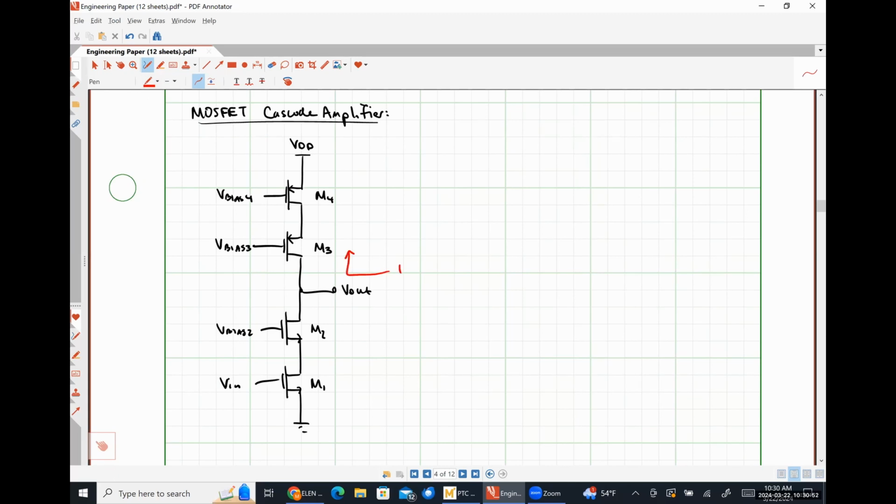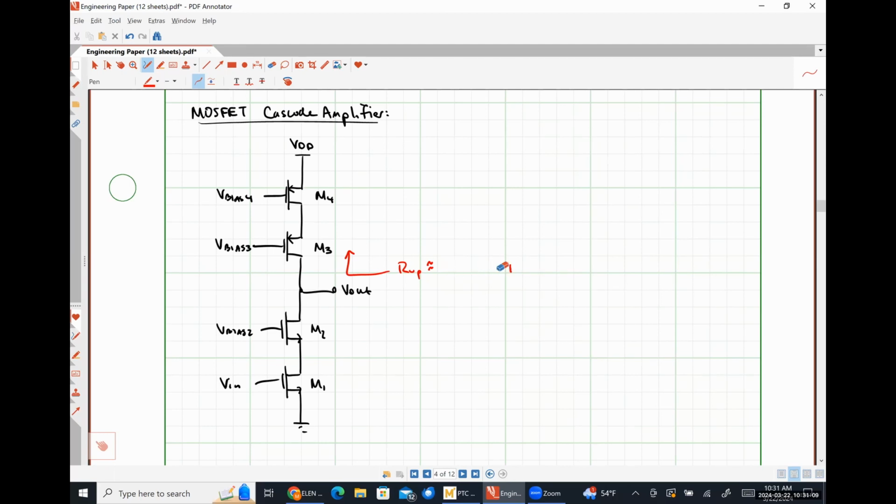Our resistance looking up will be approximately gm3 r0_3 r0_4, since r_pi is infinity.